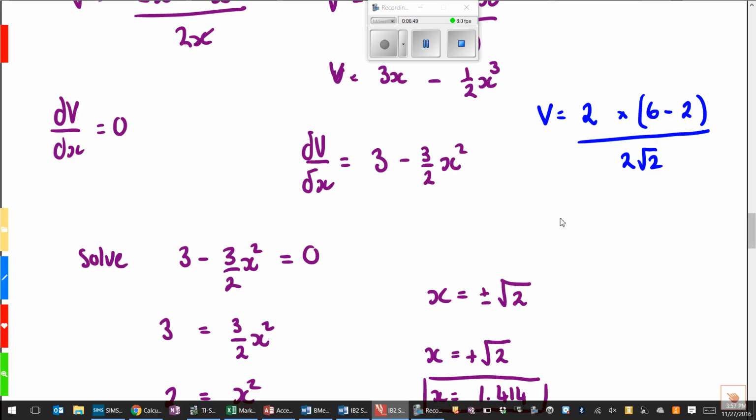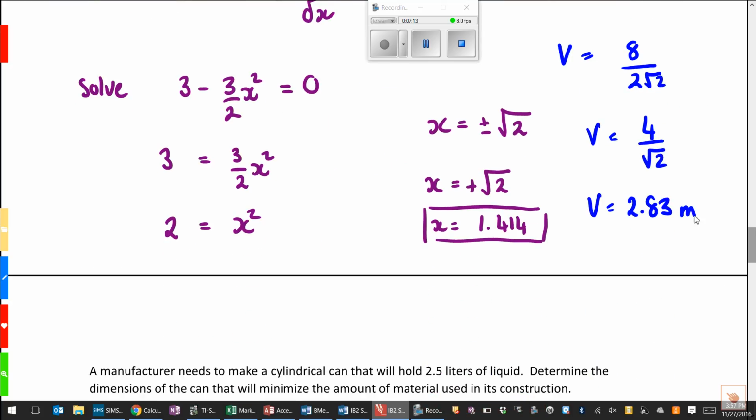So we end up with 2 times 4, 8 over 2 root 2, which will be 4 over root 2. And 4 over root 2 gives us an answer of 2.83 cubic meters to 3 significant figures.